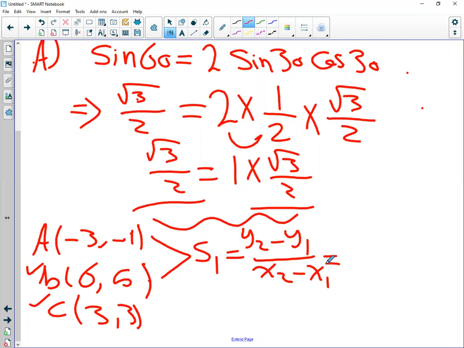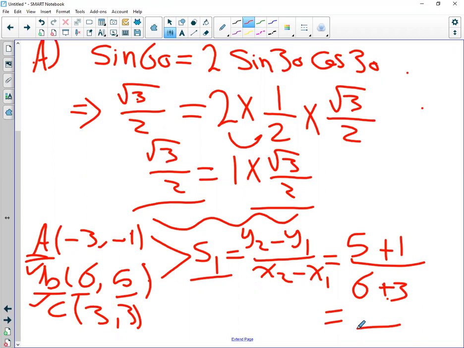Y2 equals 5 minus Y1, which is -1, so it equals +1. 5 plus 1 divided by X2, which is 6, plus 3.